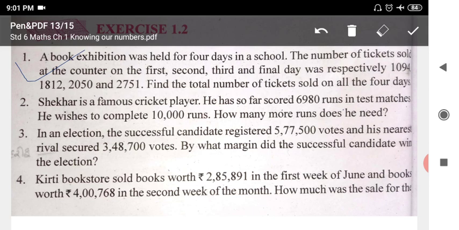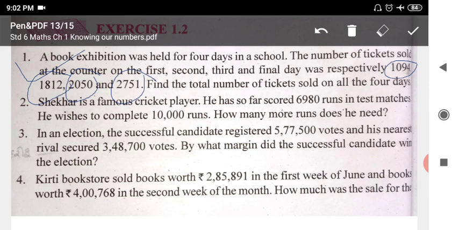The number of tickets sold at the counter on the first, second, third and final day was respectively 1,094, 1,812, 2,050 and 2,751. Find the total number of tickets sold on all the 4 days.